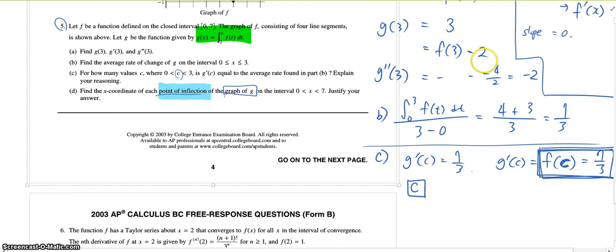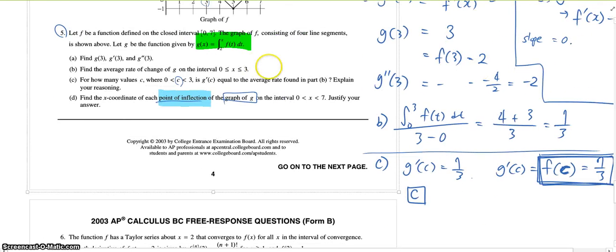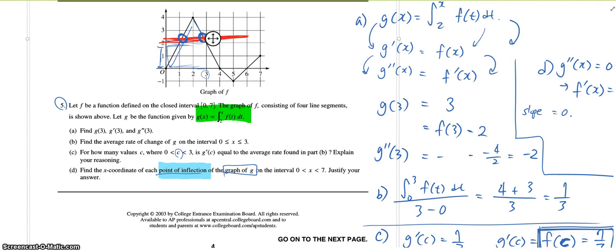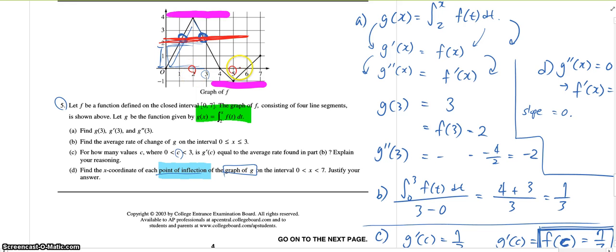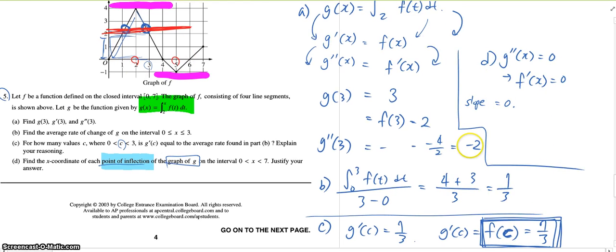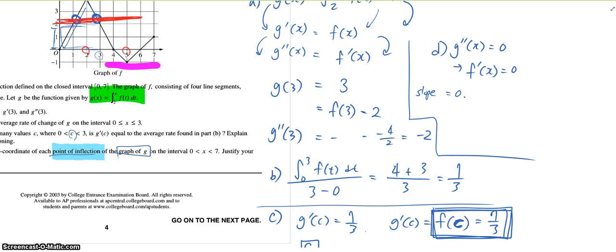If you look at the given graph right here, we can see that at 2 the slope is horizontal, and at 5 the slope is horizontal. So 2 and 5 are the x values where f prime equals 0, which means g double prime equals 0.